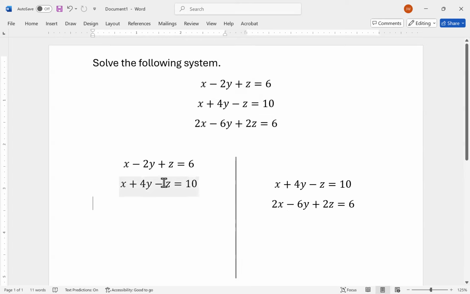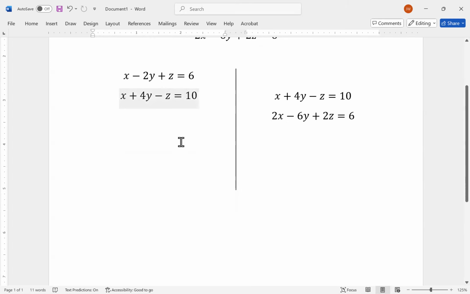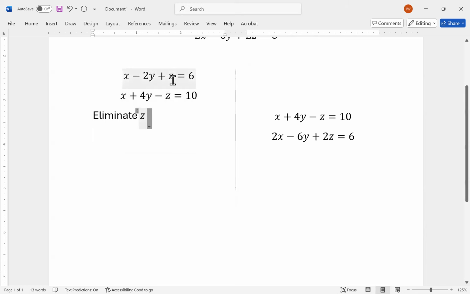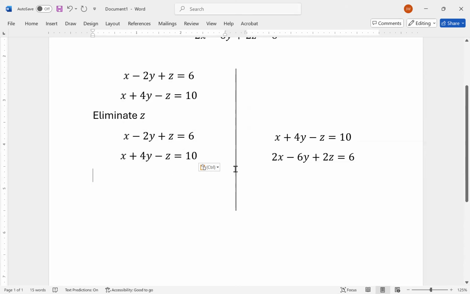Now, then I'm going to eliminate the z on each of them. So we're going to decide to eliminate the variable z. In this case, that's already really nice because those two equations, let me just copy these, already are such that when I add them together, I eliminate the z.